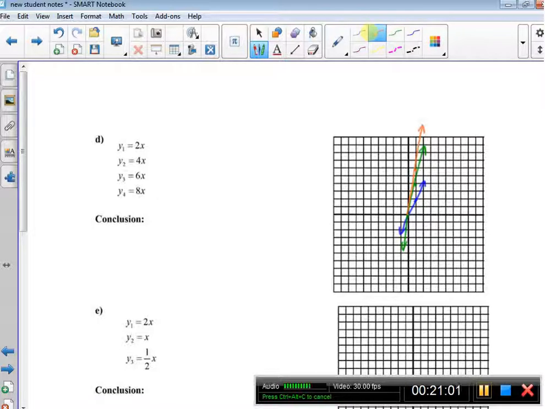It starts to get steeper, almost like straighter. So what we say happens there is y equals ax, and a is larger than 1. As a increases, the line gets steeper, and that will happen with other functions as well.